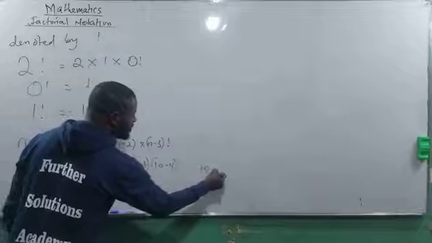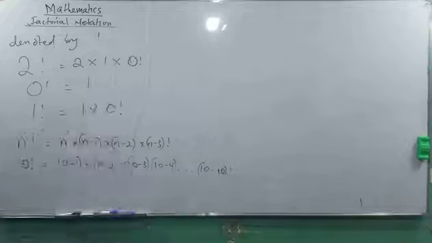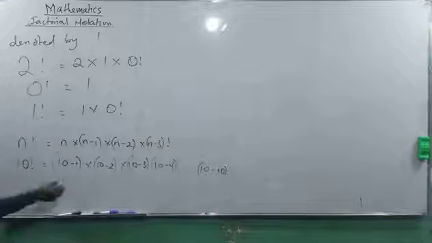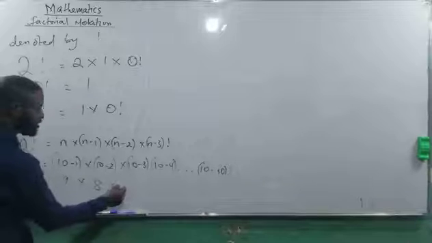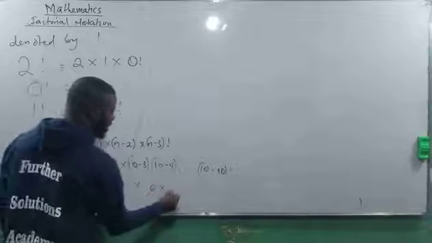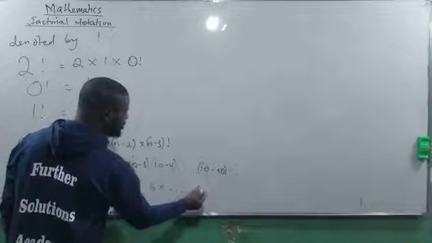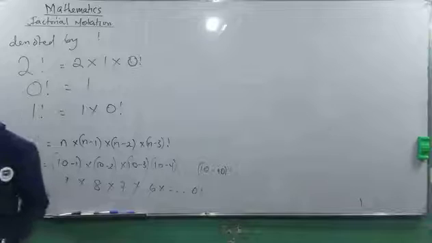By implication, this one will be 10 multiplied by 9 multiplied by 8 multiplied by 7 multiplied by 6, and so on, running down to 0 factorial. That is what we are trying to say about factorial.